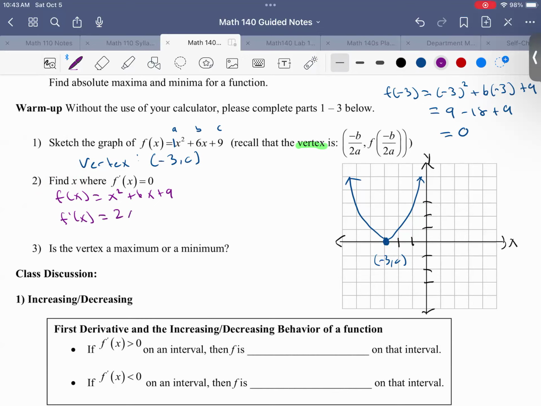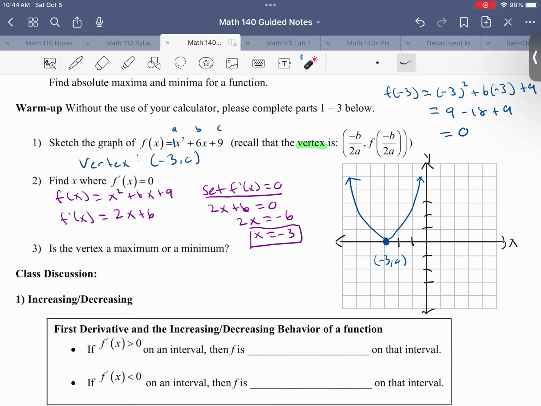That would just be 2x plus 6. Then I set it equal to 0 and solve for x. So 2x plus 6 equals 0. Move the 6 over, so it's negative 6 divided by 2, so I get negative 3.